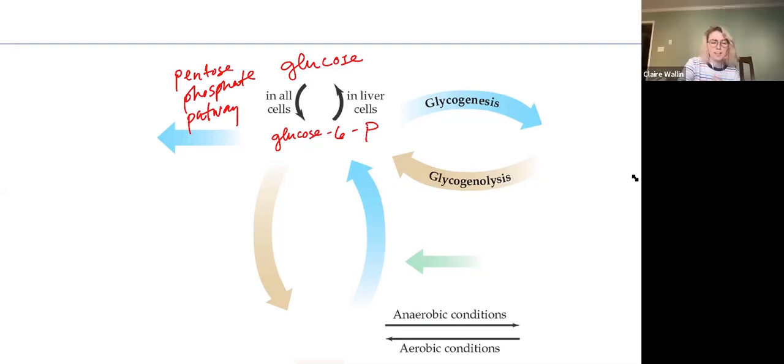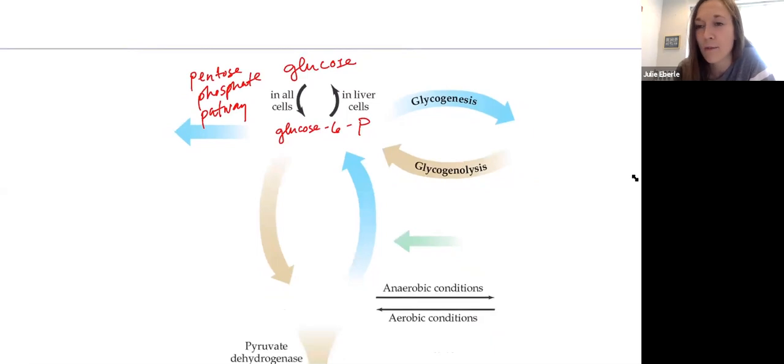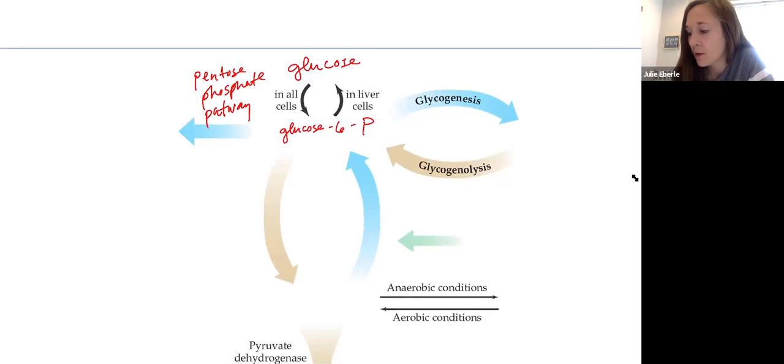Isn't it two things, and one of them has ribosomes in it? Well, one is for ribonucleic acid. The word pentose should give it away. We're going to make 5 carbon sugars, and these are used for RNA, DNA synthesis.